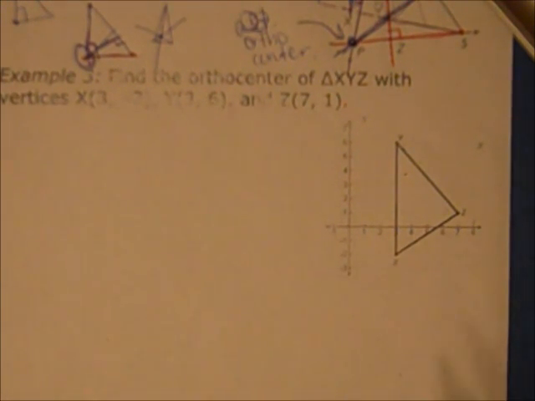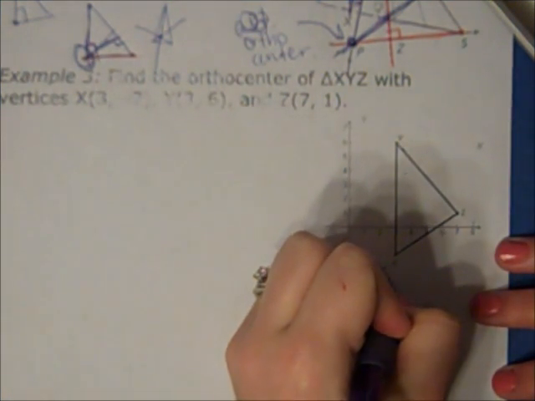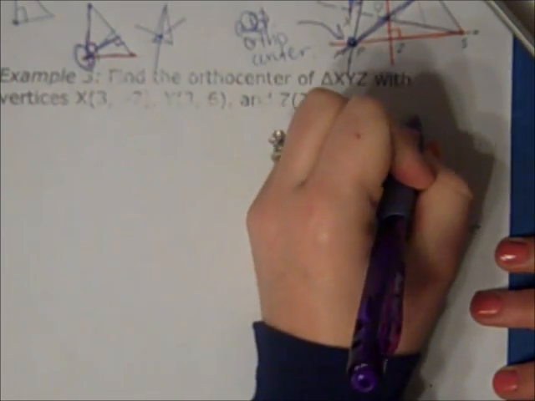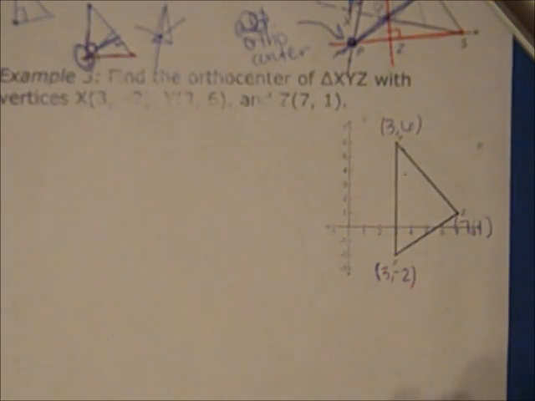Find the orthocenter of triangle XYZ if X is at (3, -2), Y is at (3, 6), and Z is at (7, 1). Now this is going to be a lot of algebra because to find an altitude you're going to have to be perpendicular.